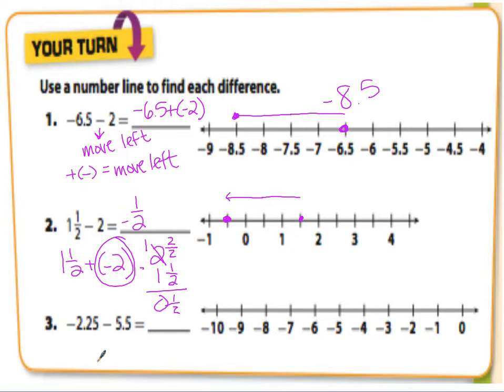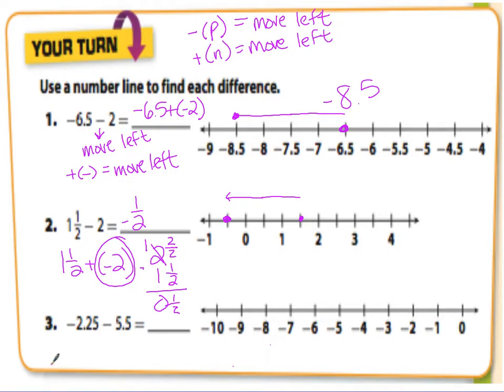Again, here we're just focusing on subtracting a positive, and I'll even put a P for positive. Subtracting a positive tells me to move left. Since it tells me to move left, I can change it to adding a negative because that also tells me to move left.